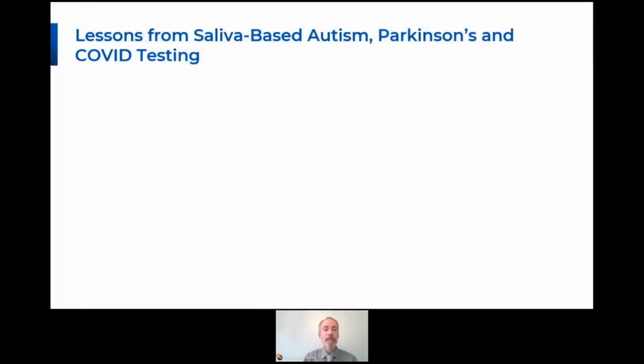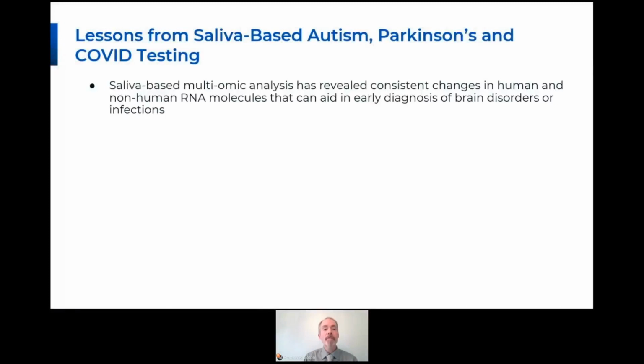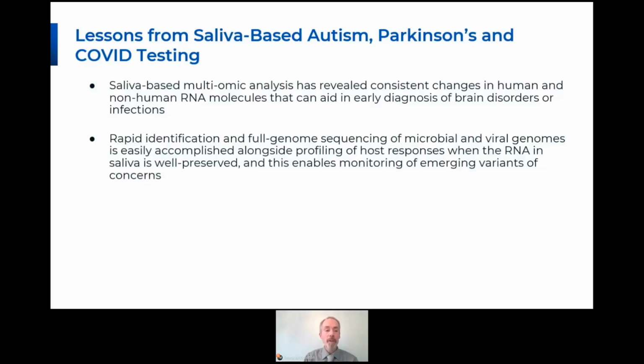Just to summarize, saliva-based multi-omic analysis has revealed consistent changes in human and non-human RNA molecules that appear clearly to aid in the development of tools that could advance early diagnosis for brain disorders or infections.